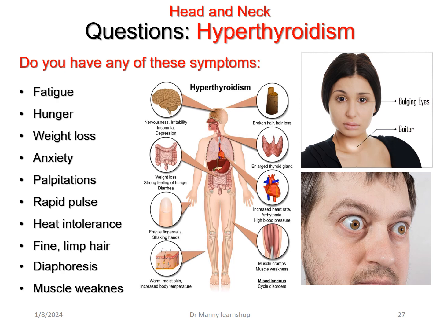Do you have a rapid pulse? Are you heat intolerant? Is your hair normal? Or have a look, is the hair fine or limp? Are they sweating? Do they have muscle weakness? There are certain other indications as far as signs go, things like the goiter or the bulging eyes, which are commonly associated with hyperthyroidism.